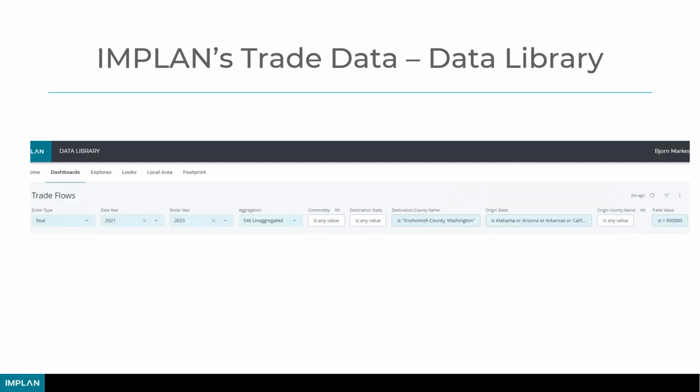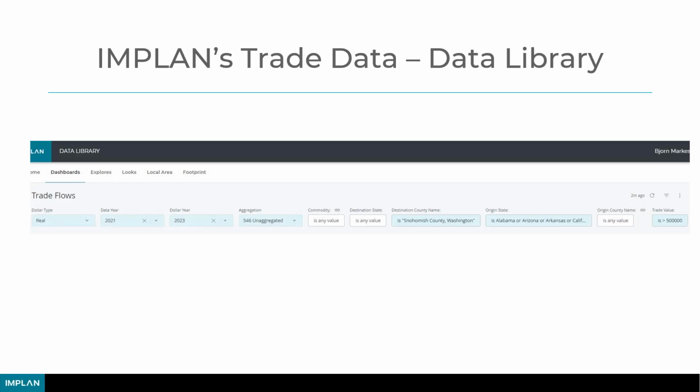I've made a couple of adjustments to this. I'm looking at data for 2021, and in the 2023 dollar year, we're using the IMPLAN aggregation codes. You can also do this at the NAICS code level.